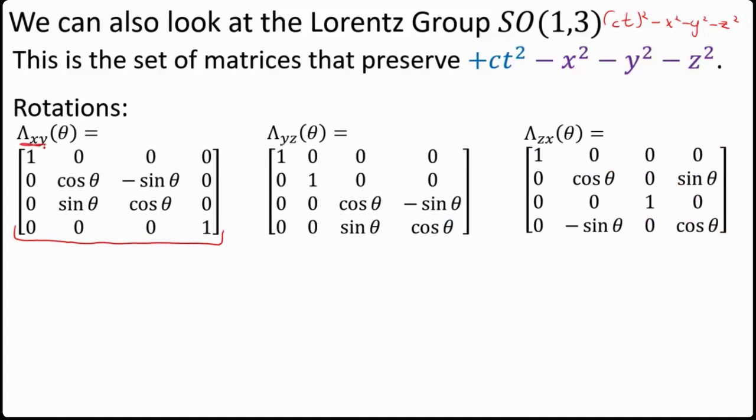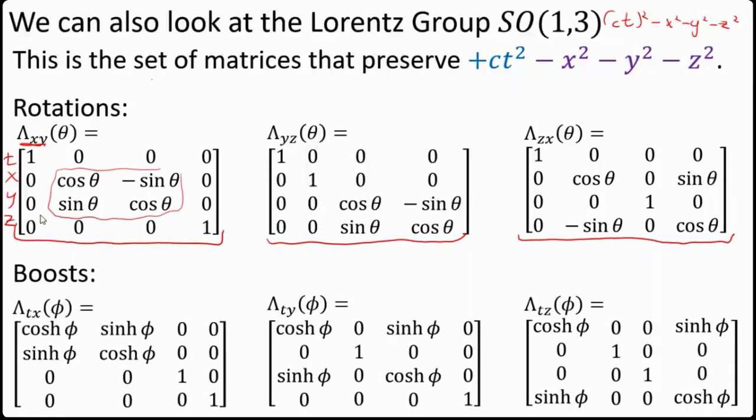So this is like X, Y. You can see if we have time, X, Y, Z, this is rotating X and Y. This is rotating Y and Z, and this is rotating X and Z. That's 3 rotations.